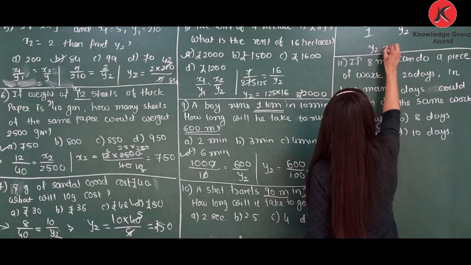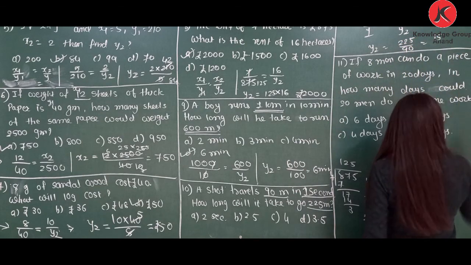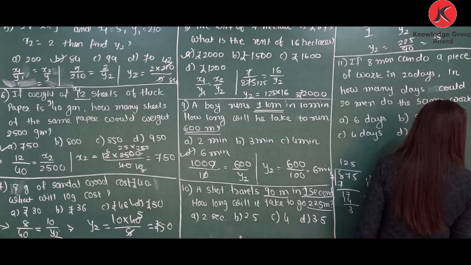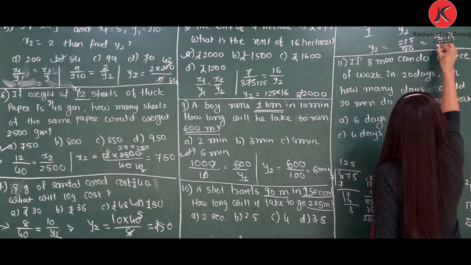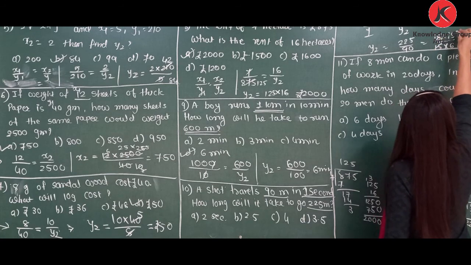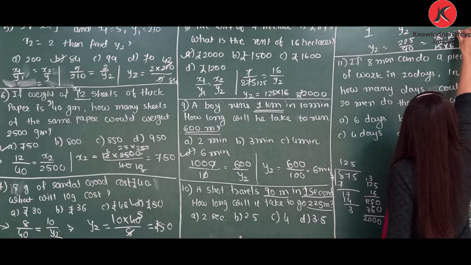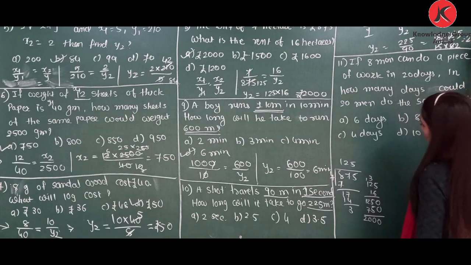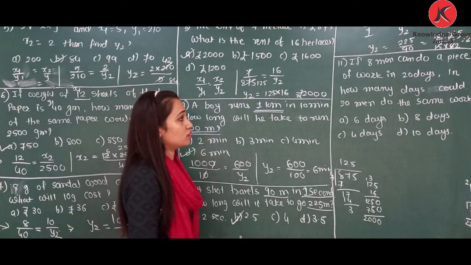So y2 will be 225 divided by 90. So it is 2.5. So that will be option B, 2.5 seconds.